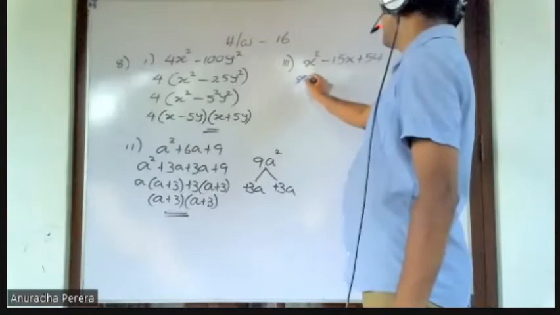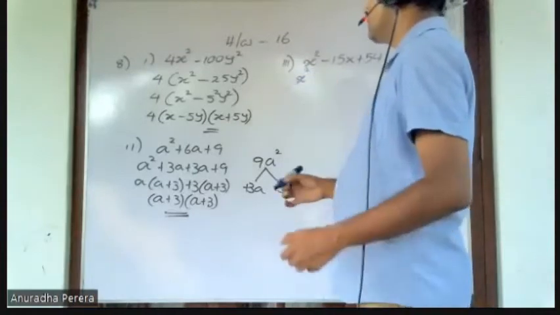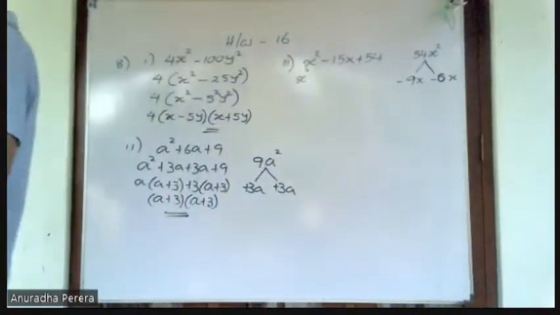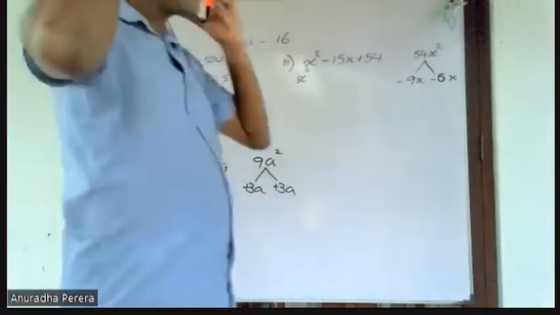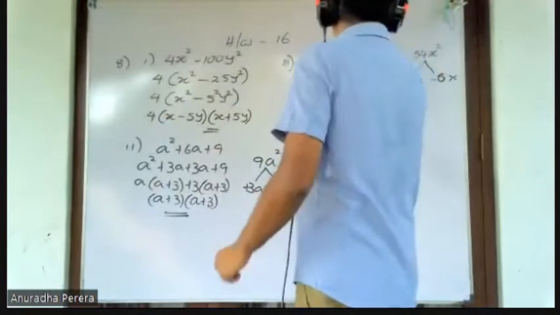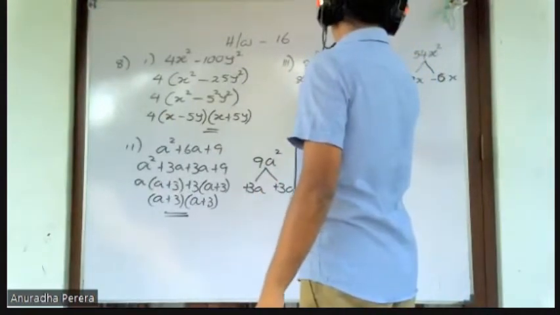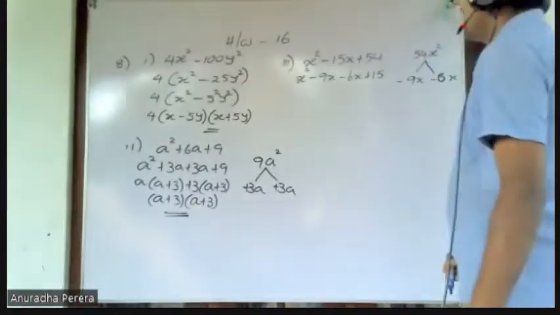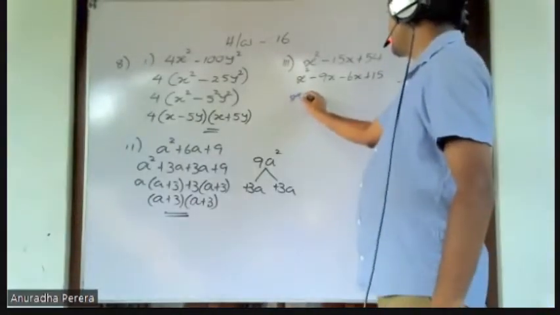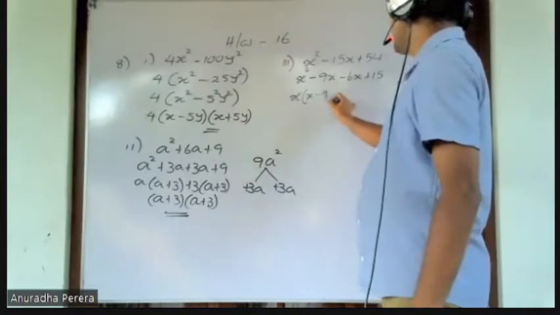X squared minus 9x minus 6x plus 54. Take the first two terms, x is common, x minus 9.